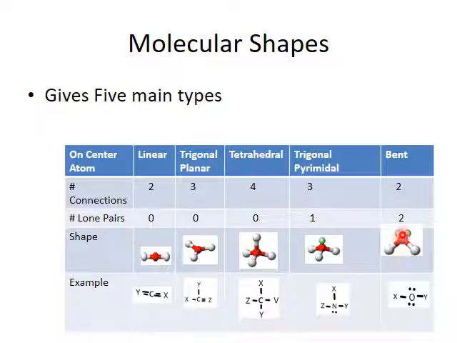Okay, and so that shape is bent. So these lone pairs bend the molecule. One way that you can tell if you have this shape is if you have an atom with 2 atoms attached and 2 lone pairs.